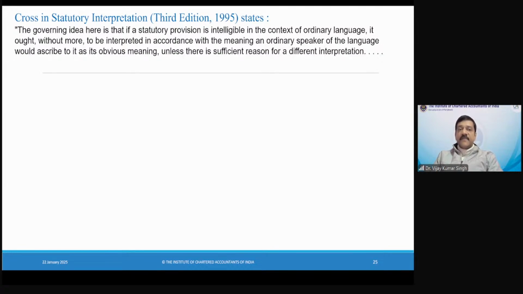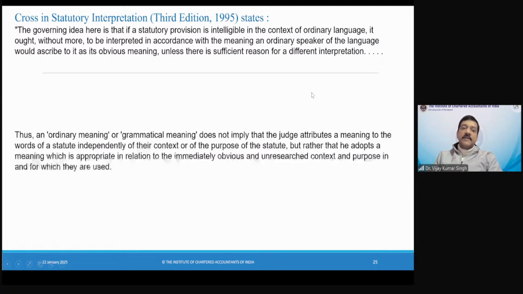The governing idea here is that if a statutory provision is intelligible in the context of ordinary language, it ought without more to be interpreted in accordance with the meaning an ordinary speaker of the language would ascribe to it as its obvious meaning, unless there is sufficient reason for a different interpretation. Unless there is a sufficient reason for a different interpretation, you go for a literal interpretation.